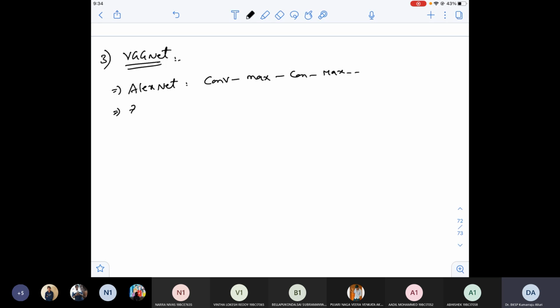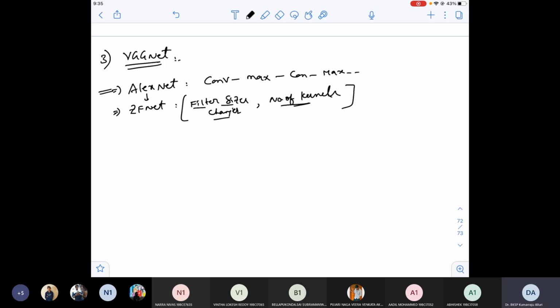And ZFNet, what they thought is, okay, let us take inspiration from AlexNet only, but let us change the filter sizes and the number of kernels. Why should I use the same kernels as AlexNet? Why should I use the same filter as AlexNet? They came up with this. They don't know why. It's more like a brute force from the previous architecture.